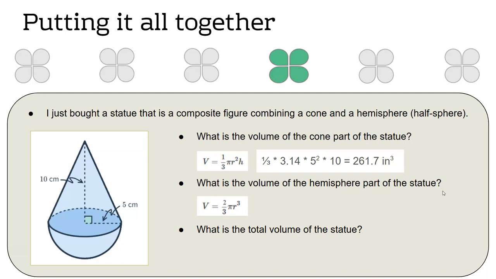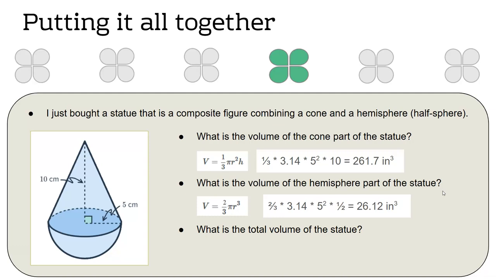Notice that my volume formula is 2/3 times pi times radius cubed. So 2/3 times 3.14 for pi times 5 squared for the radius times half, since this is the hemisphere, I get 26.12 inches cubed.